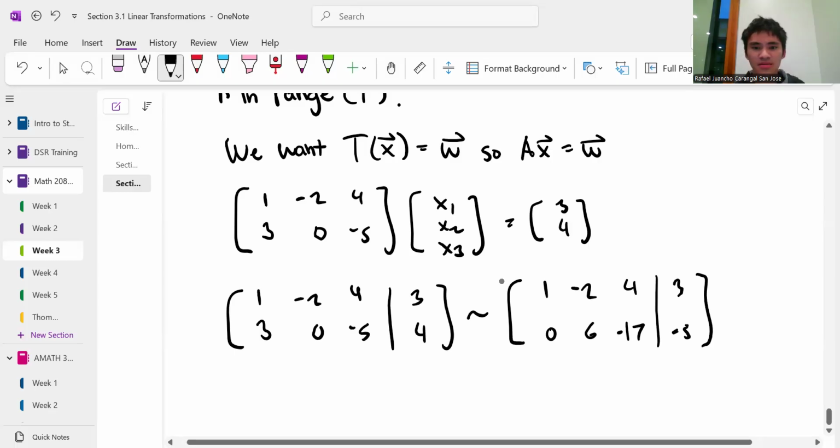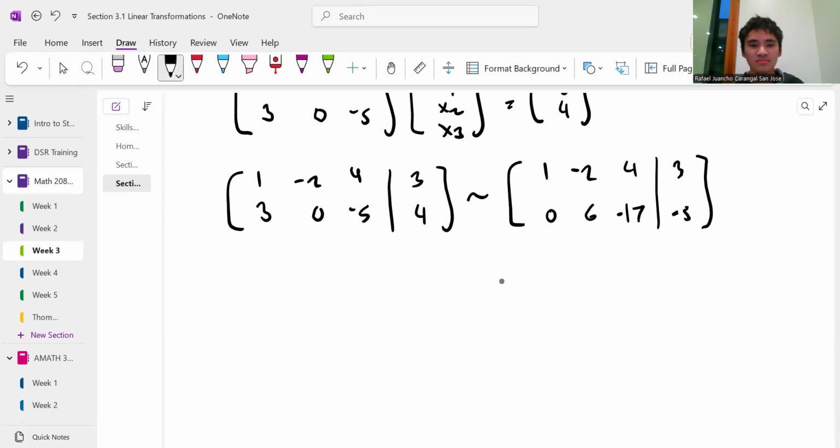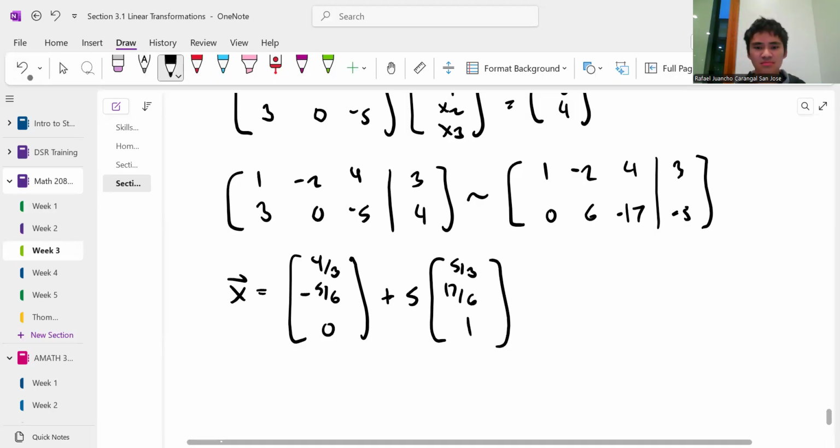And we could leave out the row operations, but this will give us a general solution. I'm immediately writing it in vector equation form. S sub 1, or actually in this case it's just S, because we only have one free variable. 5 thirds, 17, 6, 1, where S is any real number.